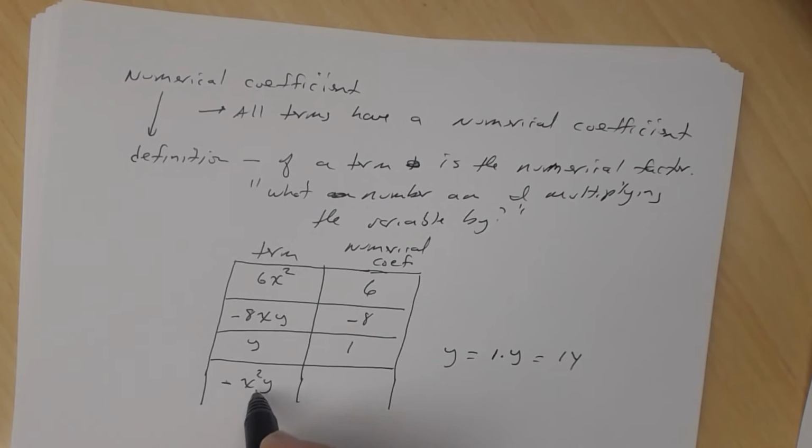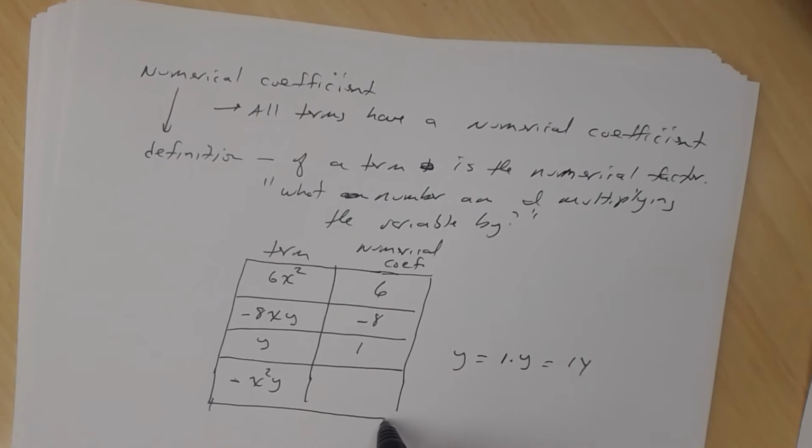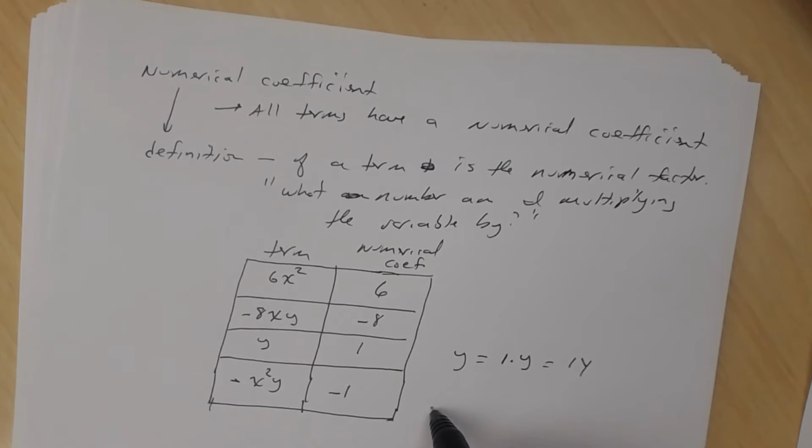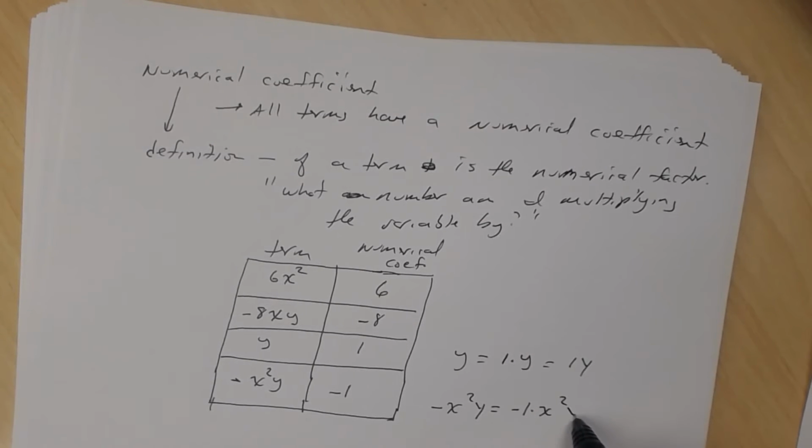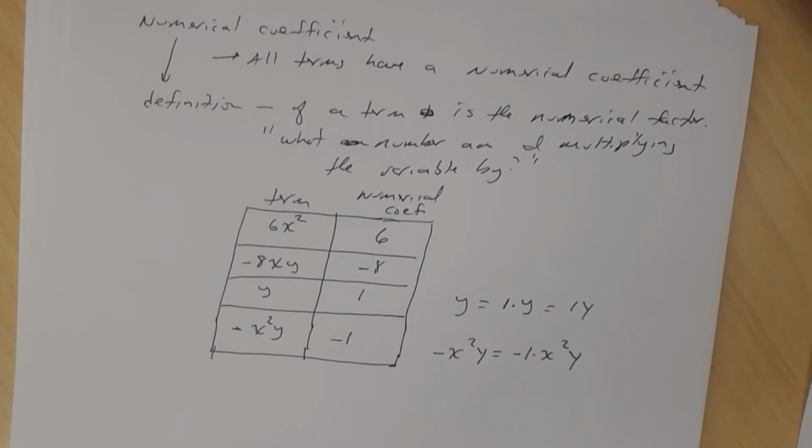Same idea, suppose you had, let's say, negative x squared y. I don't see a number being multiplied by x squared y, but it's understood to be a negative 1. Remember, negative x squared y is the same thing as saying negative 1 times x squared y. Okay?